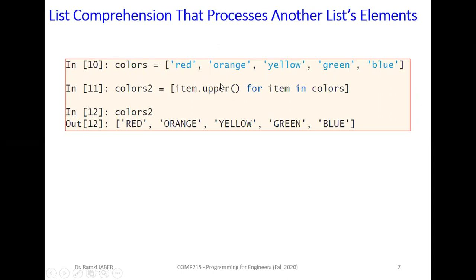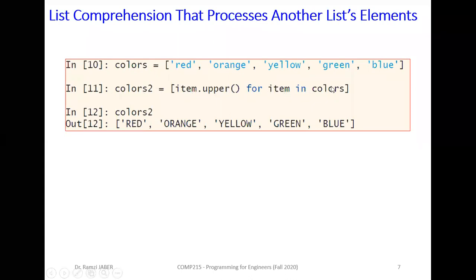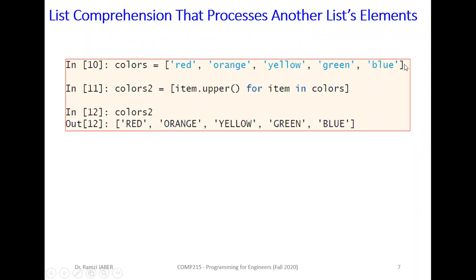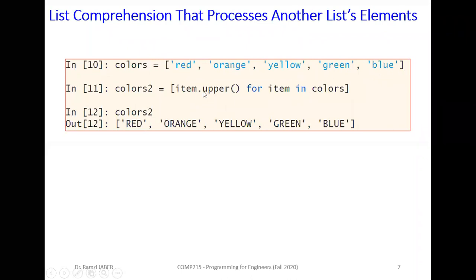Here we use the list method upper for item in colors, not color 2, not range, in colors. So here we call the first list and use list method upper using list comprehension. So here we use three different things.